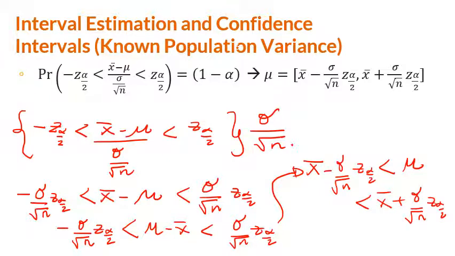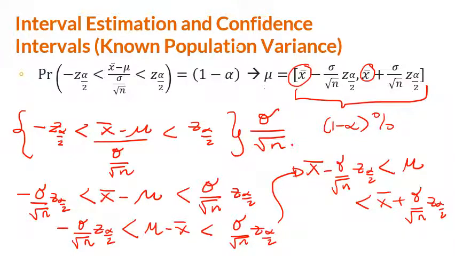So we have this confidence interval for our mu. So take note, this is the 95% or the 1 minus alpha percent confidence interval given your calculated sample mean. So this is calculated from your sample.